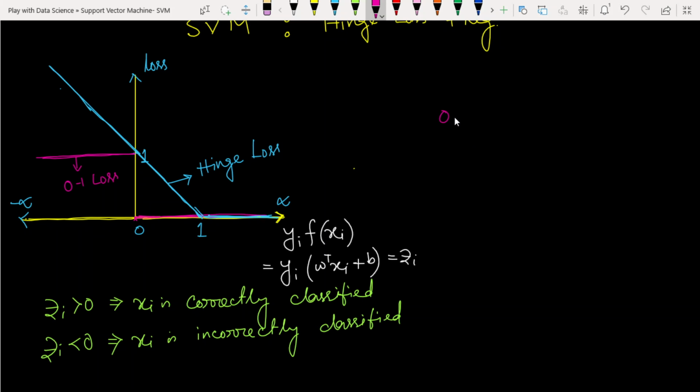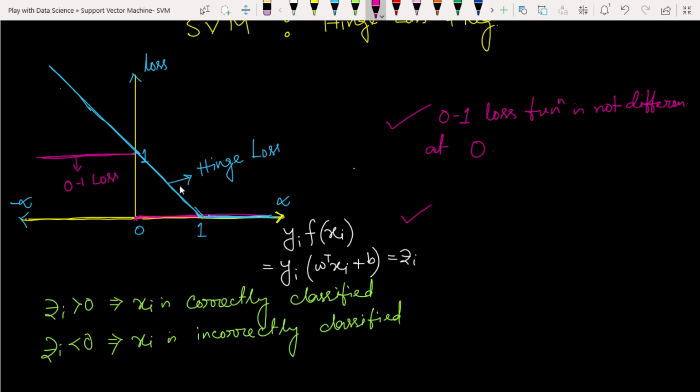So the 0 1 loss function is not differentiable at 0.